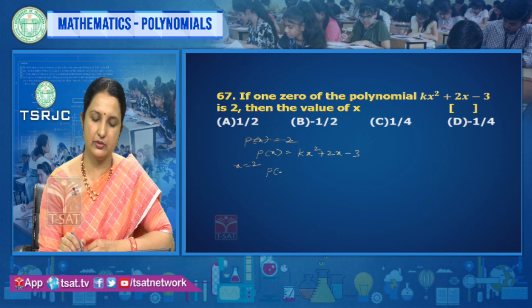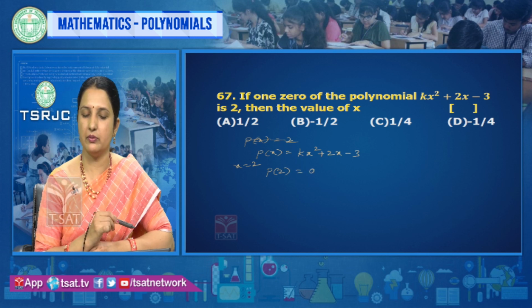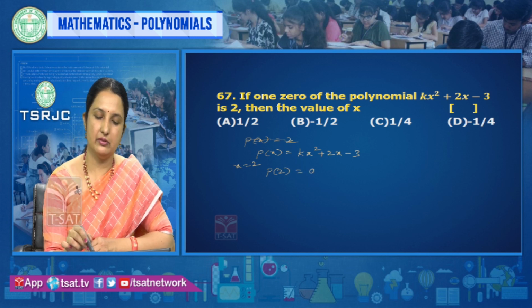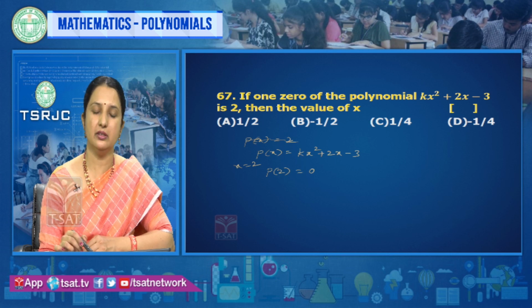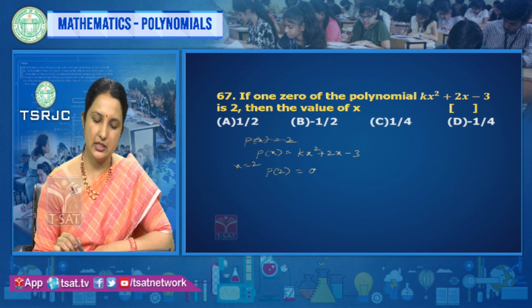So, p of 2 equals 0 means that when you write 2 in the place of x, the value becomes 0. So, p of 2 equals 0. What is p of 2?